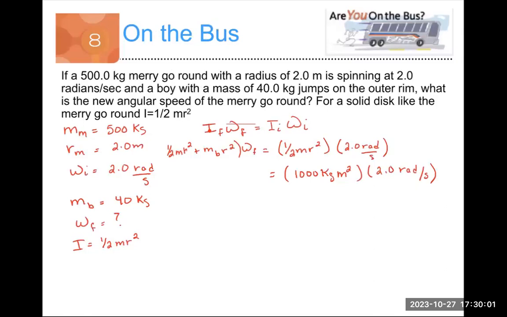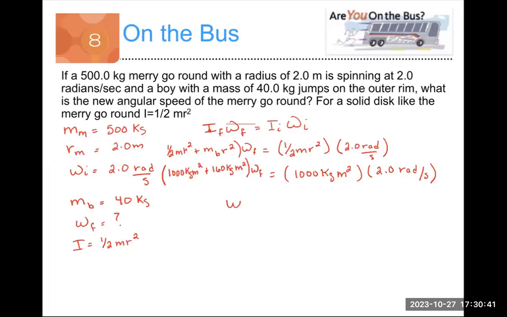And then on this side, we have 1,000 kilograms meters squared, plus we now have the boy, which is 160 kilograms meters squared. So all we have to do then is solve this for, oh, and this is multiplied by omega f.